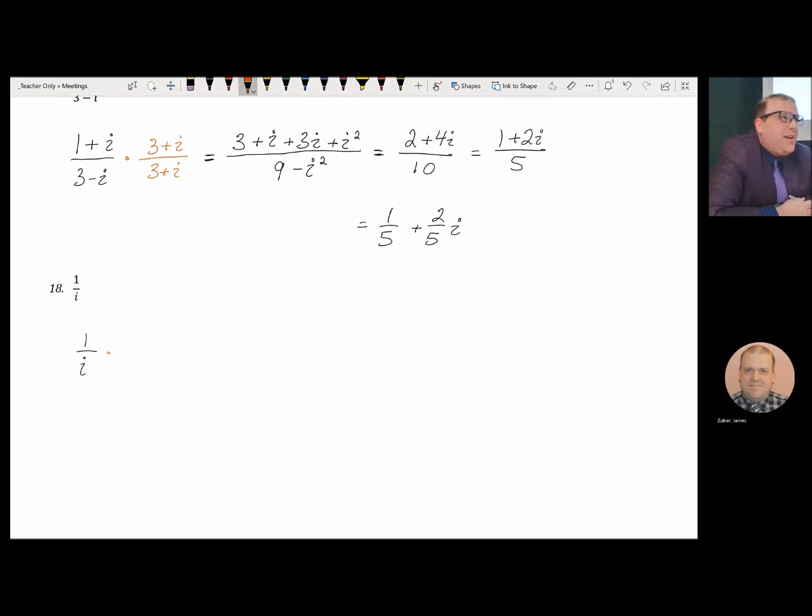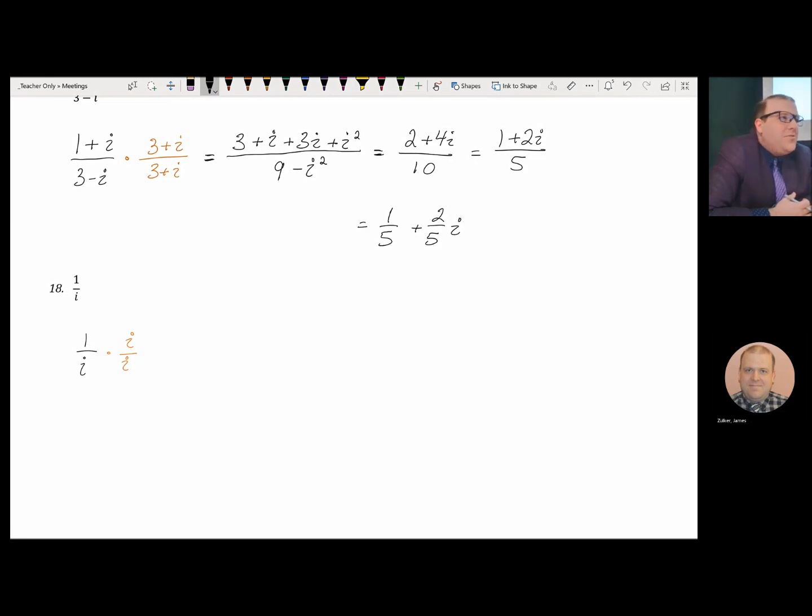Technically, we should be multiplying by negative i over negative i, right? Which is just the same thing as multiplying by i over i. Doesn't matter. Why is it the same thing? What's negative 1 over negative 1?